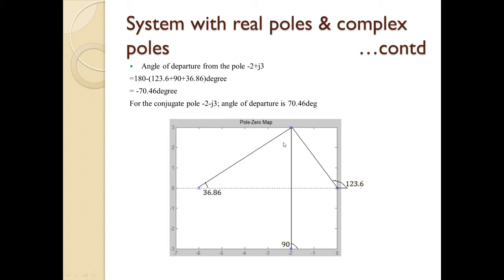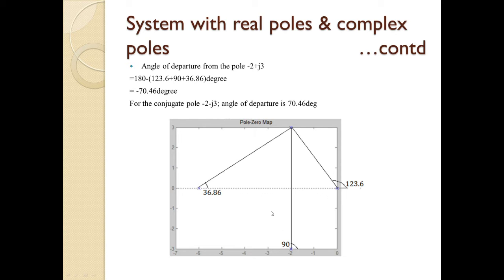So, now to find out the angle of departure from this pole minus 2 plus j3, we need to connect with all other open loop poles and open loop zeros. So, here only open loop poles are present. So, we are connecting this minus 2 plus j3 with the remaining poles by straight lines. Now, we need to measure this angle.